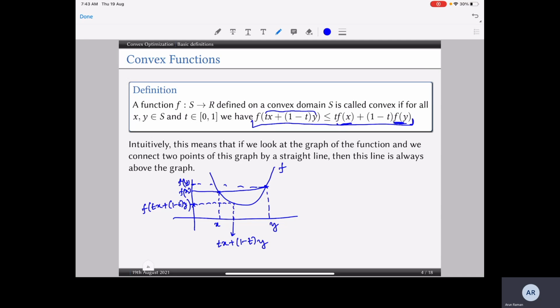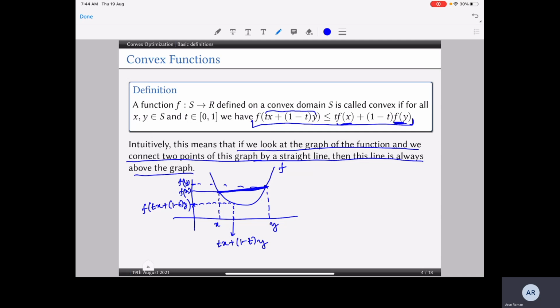So intuitively, what the definition of a convex function means is that if we look at the graph of the function and we connect 2 points of this graph by a straight line, then this line is always above the graph. So this is the intuition of a convex function.